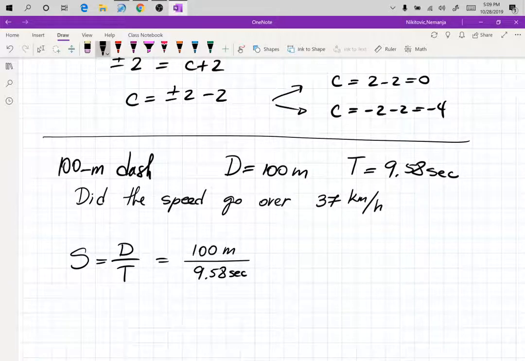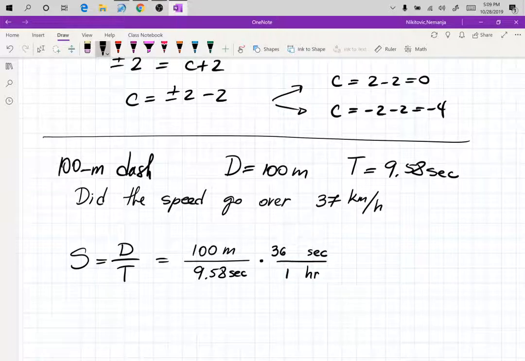Now, we don't like seconds, we want hours. So you put seconds in the numerator to cancel it, and hour in the denominator. So 1 hour has 3,600 seconds, and then seconds and seconds will cancel. And you also want to cancel meters and have kilometers.